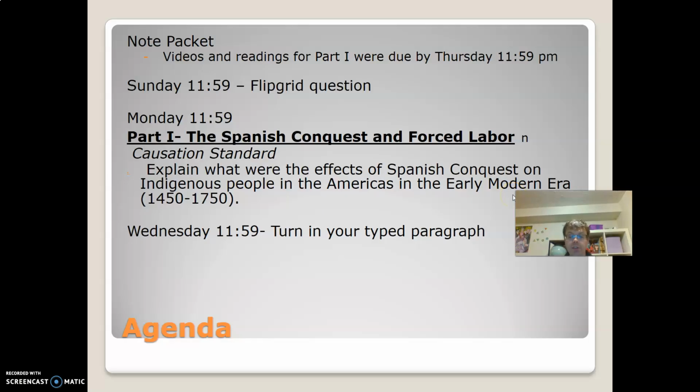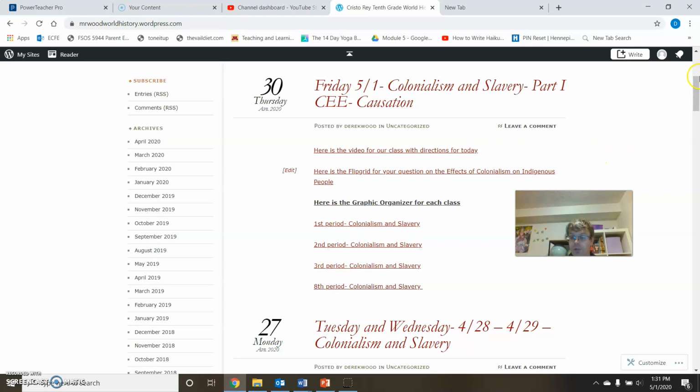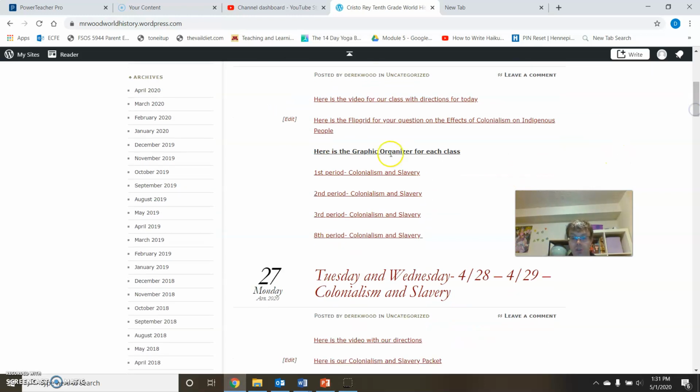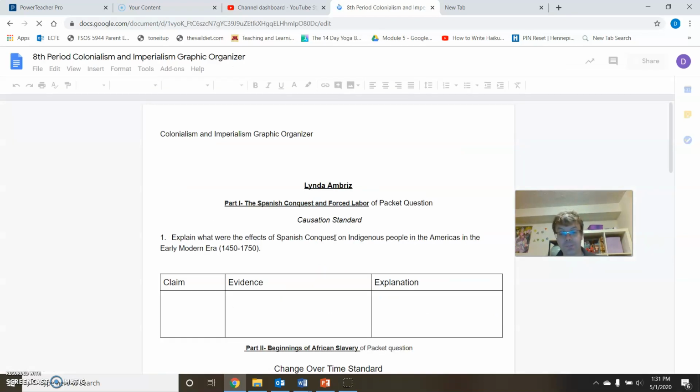All right, so what is due for Monday at 11:59? Let's take a look at your graphic organizer. To review, to get to your graphic organizer, you need to go to your class, first, second, third, eighth, and I'm just going to pick on eighth right here. I'm filming this on Friday, so probably almost no one has this done.